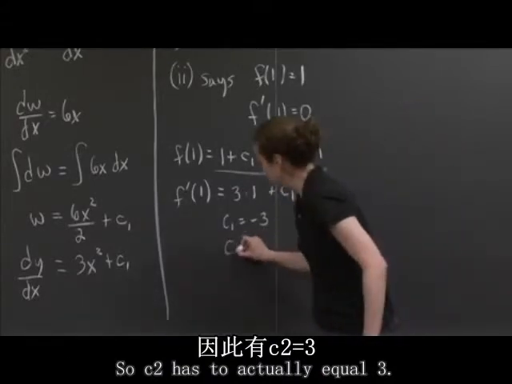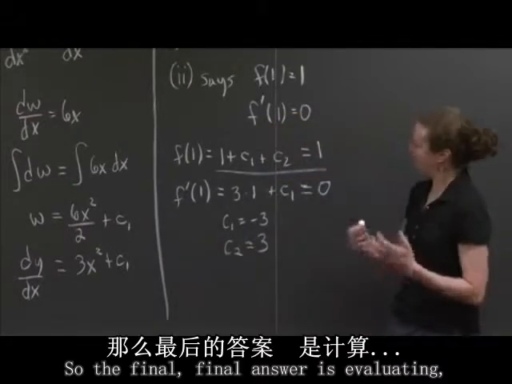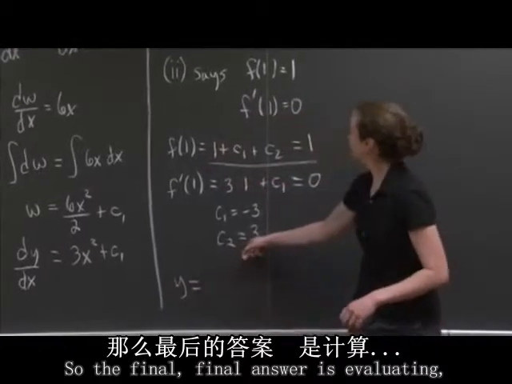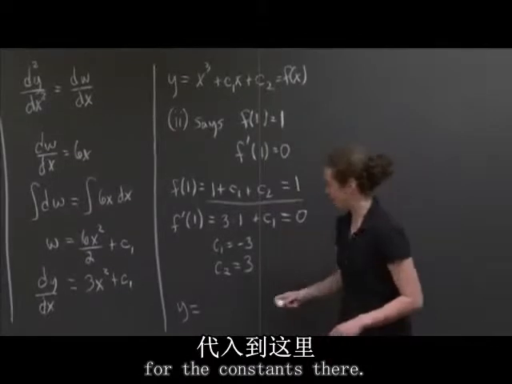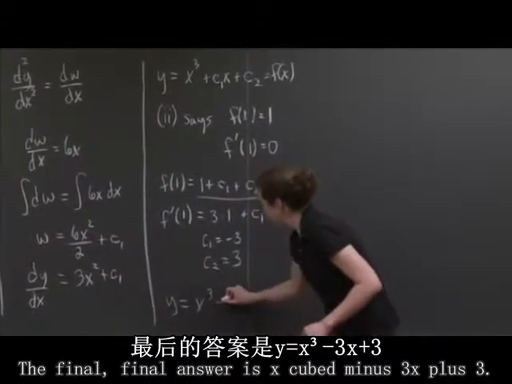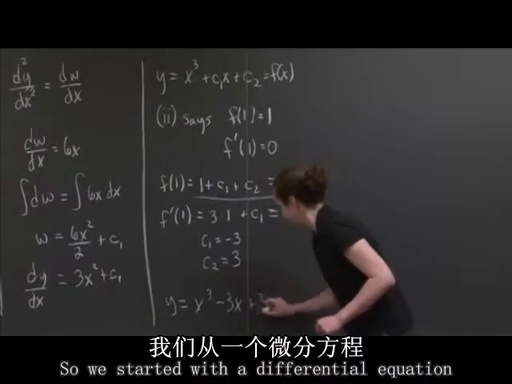So c2 has to actually equal 3. So the final answer, plugging in the c1 and the c2 for the constants there, is x cubed minus 3x plus 3.